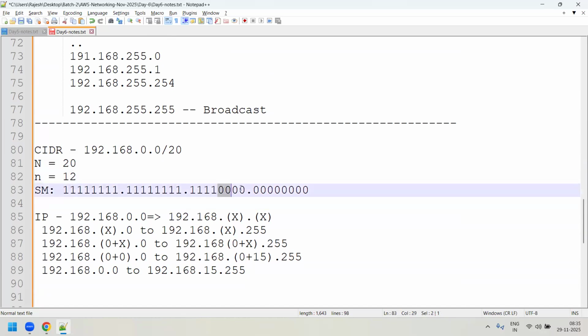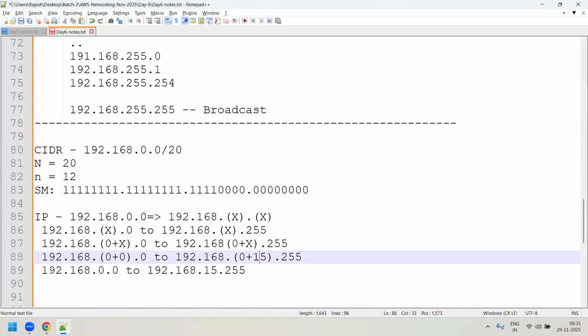Only these four zeros will change. So it will be either 0000 or 1111. So 4 ones is how much? It is 15. We already have the third octet as 0, so 0 plus 15 is 15 only. Here 0 plus 0000 is 0 only, 0 plus 0 is 0 only. So this is what you are going to get.